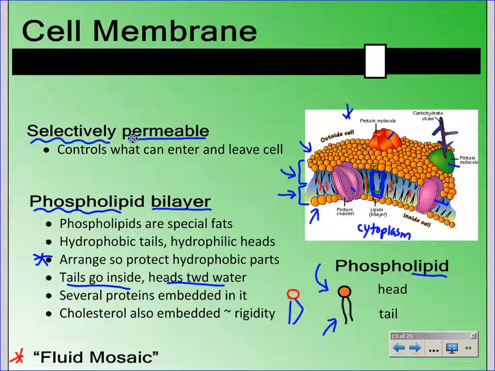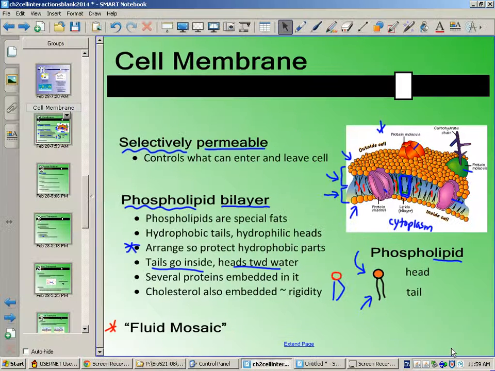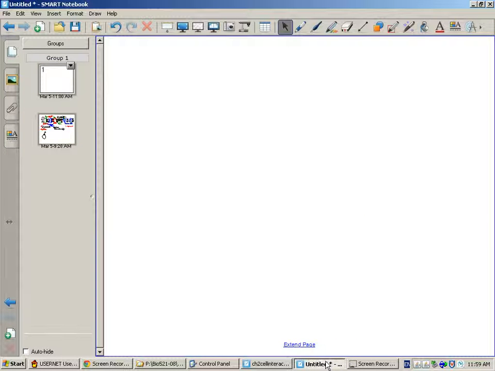So we're going to take a little bit to draw a cell membrane. Okay, and I may end up cutting this part out if it takes too long, but I think it's so important that I give time in class to draw it with me. I'm not the most artistic.